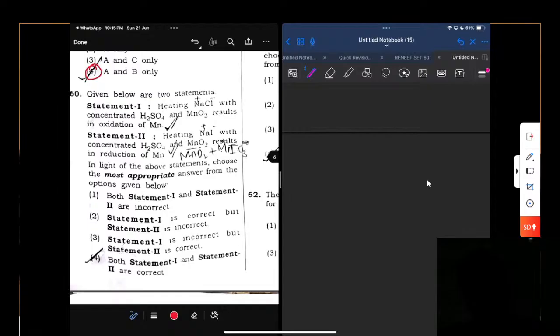Next, question number 60. Again, we have to tell which one is correct and which one is wrong. Heating NaCl with concentrated H2SO4 and MnO2 results in oxidation of Mn.